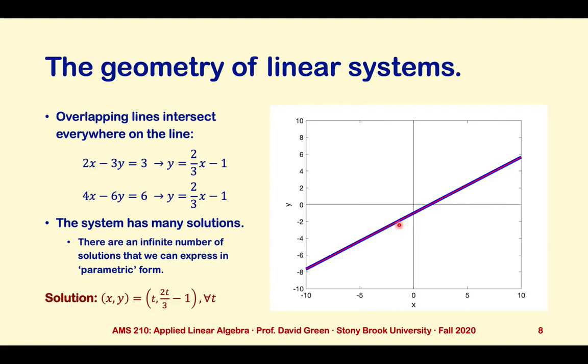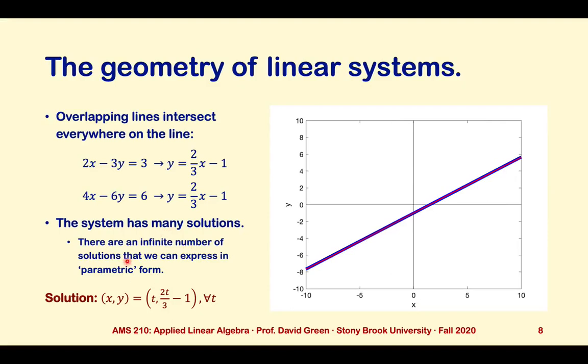That doesn't mean that every point is a solution. We have to be on this line, but there are an infinite number of them. There are multiple ways that we can try to express a set of solutions where there are infinite numbers of solutions.